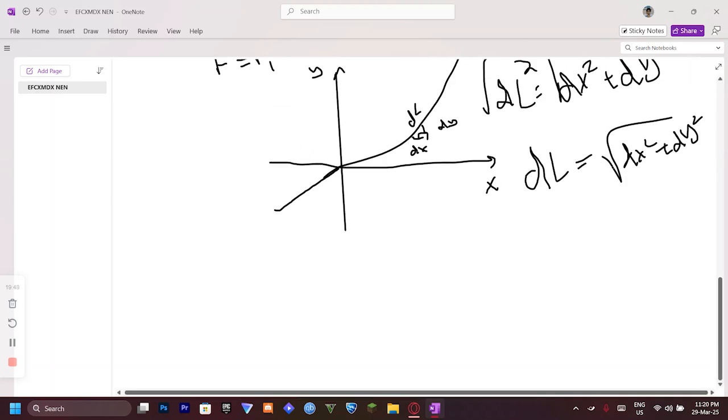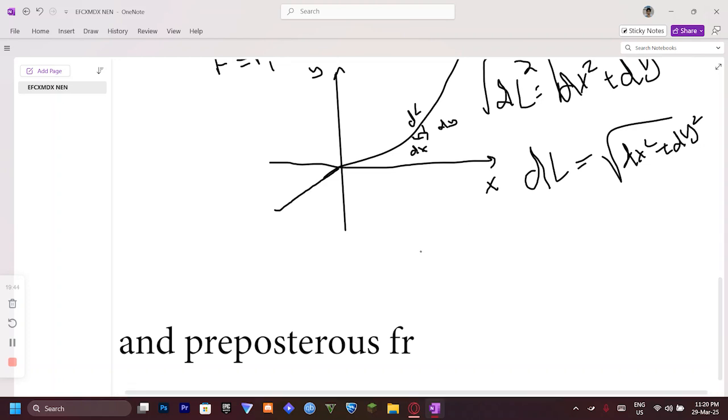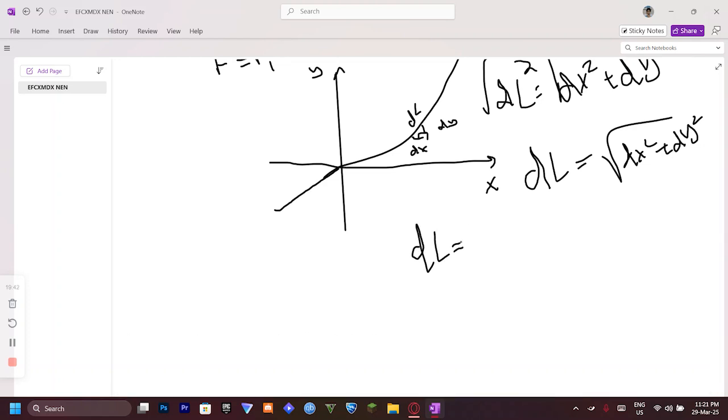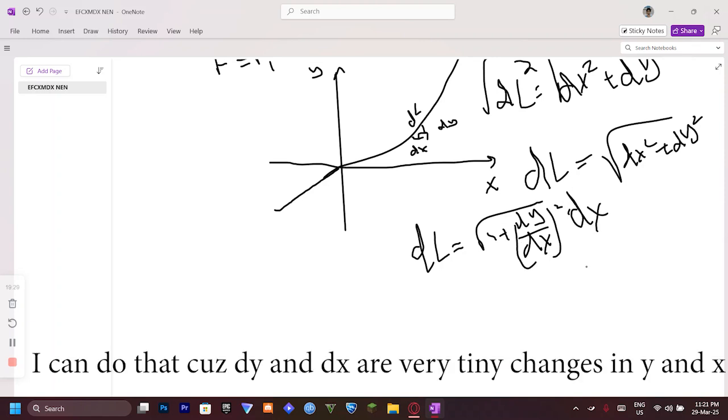Well, I can't integrate with respect to two variables. It's ludicrous. But if I pull out the dx, dl is going to be the square root of 1 plus (dy over dx) squared, multiplied by dx. And now you can integrate.